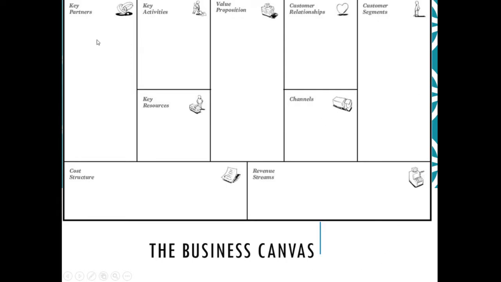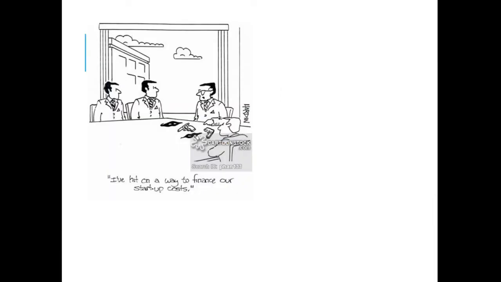It's usually one page, and it also illustrates how the business captures, delivers, and produces value by presenting all the interactions between different parts of the business model. In many of the current entrepreneurship classes, this canvas model is used as a tool to design and plan the new business. So take a moment to check out these cartoons and understand their points.